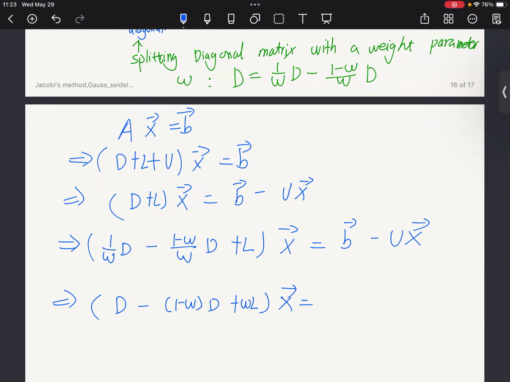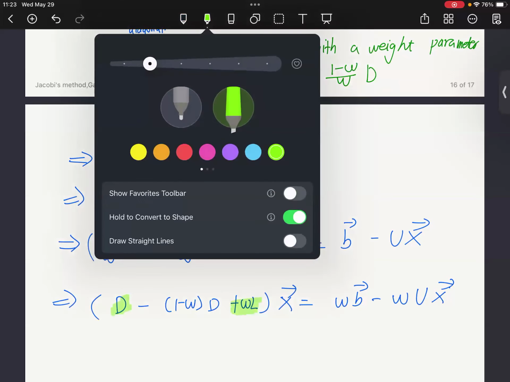I also have omega b on the right, minus omega Ux. Now I'm going to move part of the D to the left: keep one of the D expressions on the left and move the other D expression to the right. At the end of the day, I decide to keep these two parts on the left and move this part to the right.